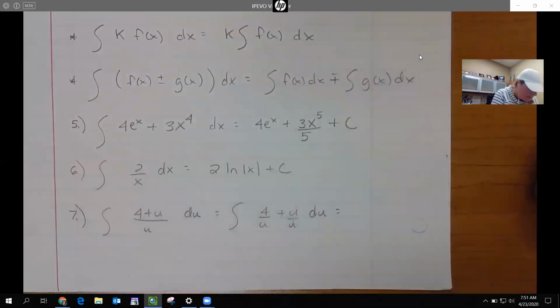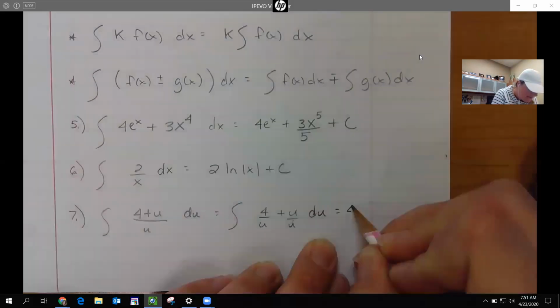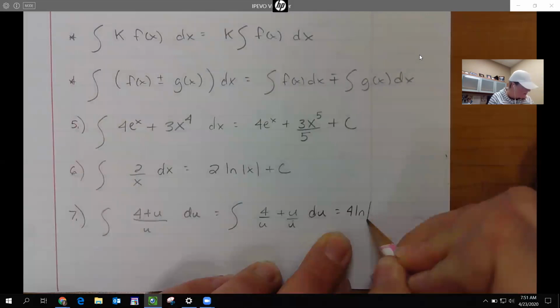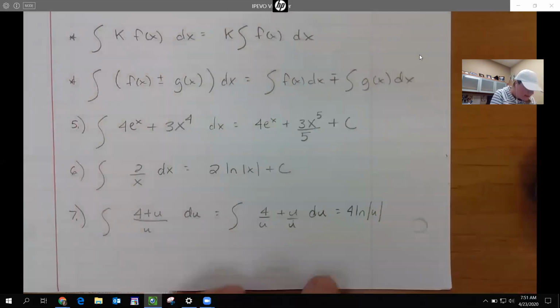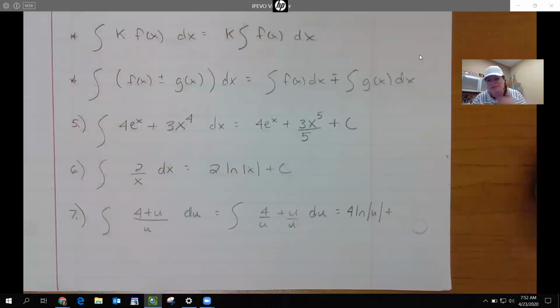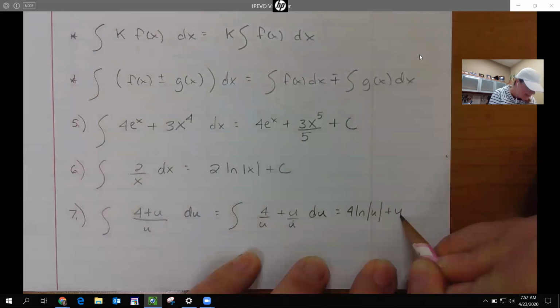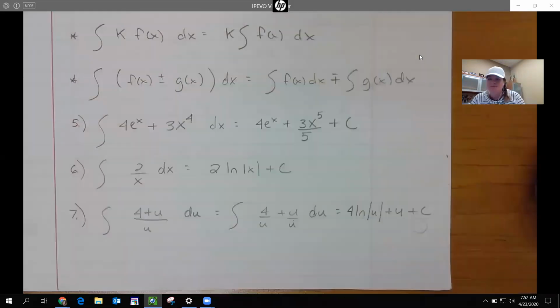So that part would become 4 natural log of the absolute value of u, plus, what does the 1 become? u over u is 1. If you have a number, you just add the letter. So it's going to become just u plus c. Okay, so I can break it up.